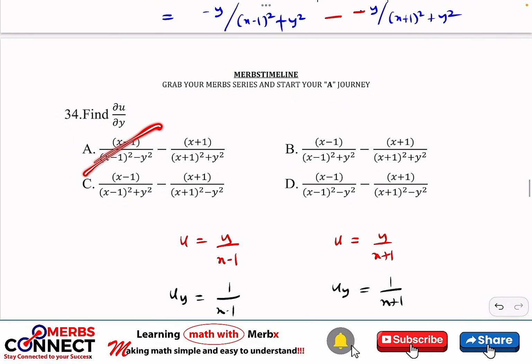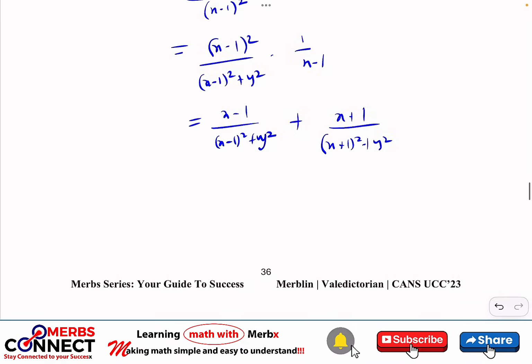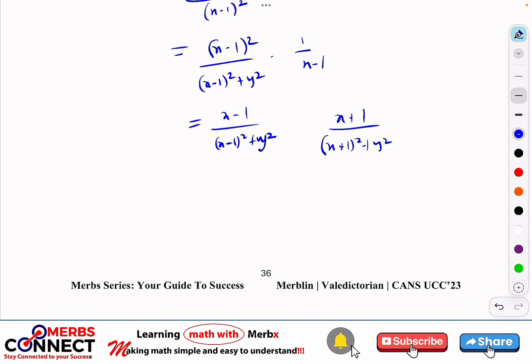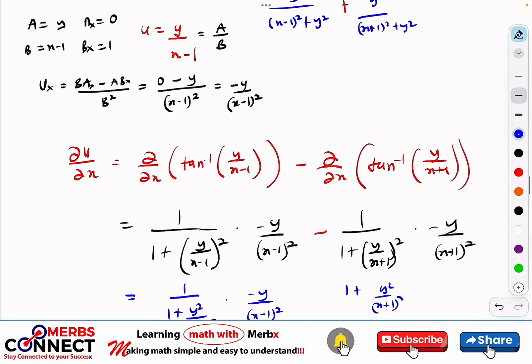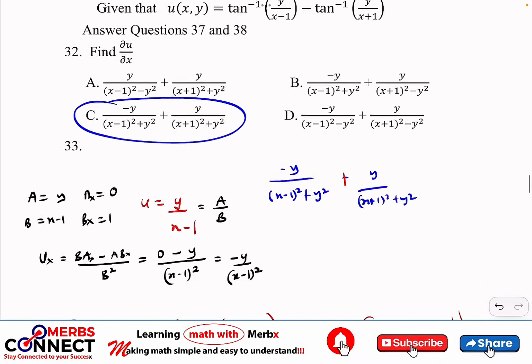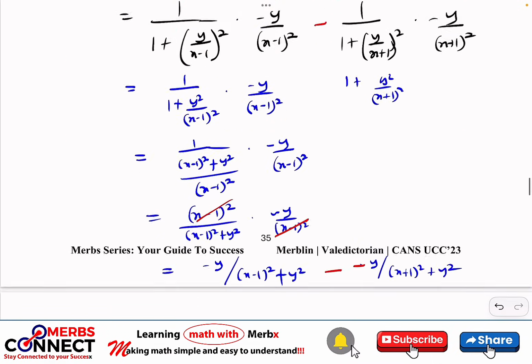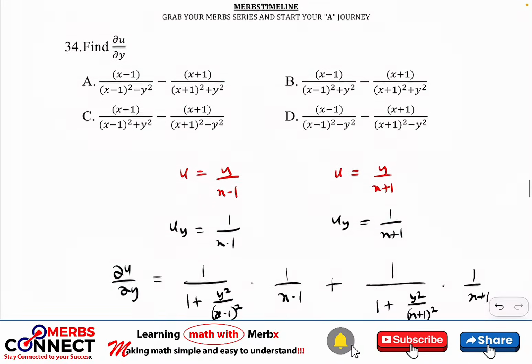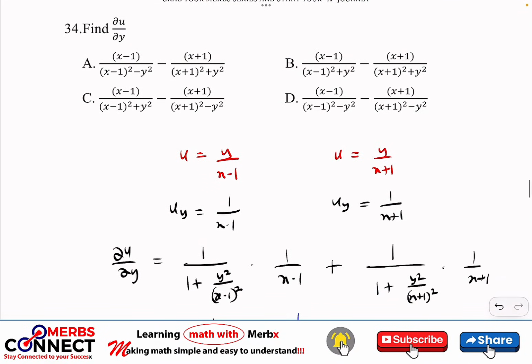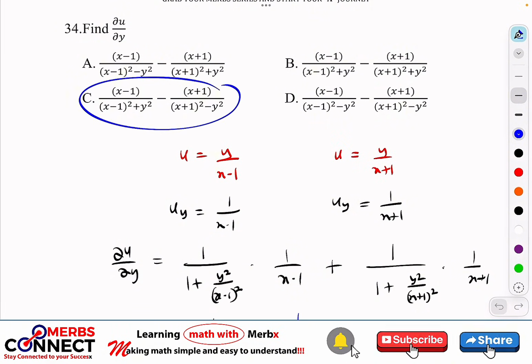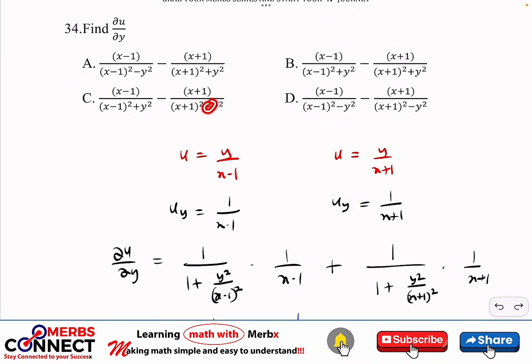So this is out, x minus 1. This is true, but okay. Why do I keep forgetting the minus? This one should be minus because of this minus here. I'm sorry that things are not going well because I'm tired, but no way, we will finish this. So I think the answer should be C. No, it's not C because this is minus.